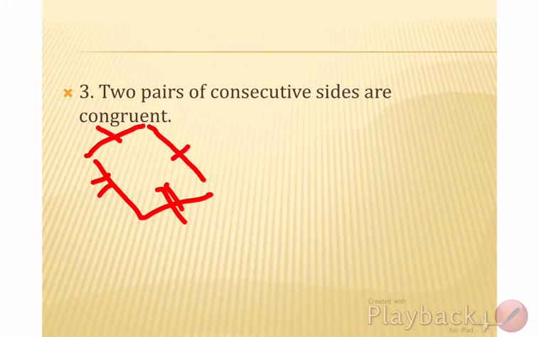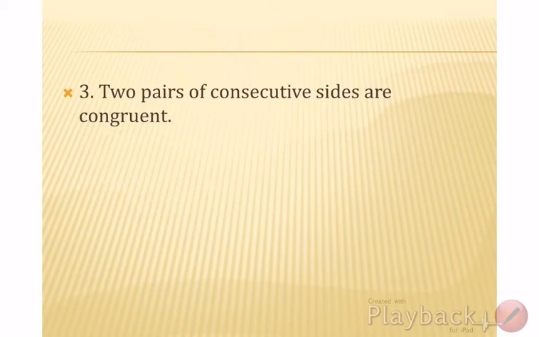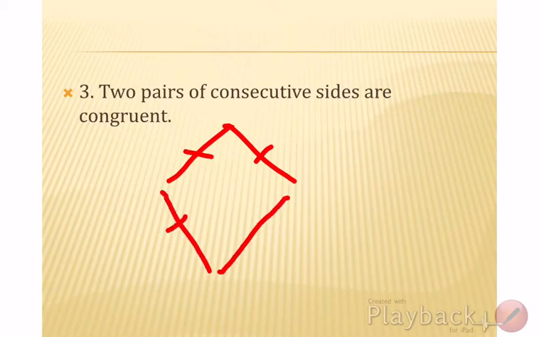Like an isosceles triangle. Let me try that again. If I draw an isosceles triangle like that, well, it's looking like a kite, which means it's not necessarily a parallelogram because the opposite sides are not parallel.